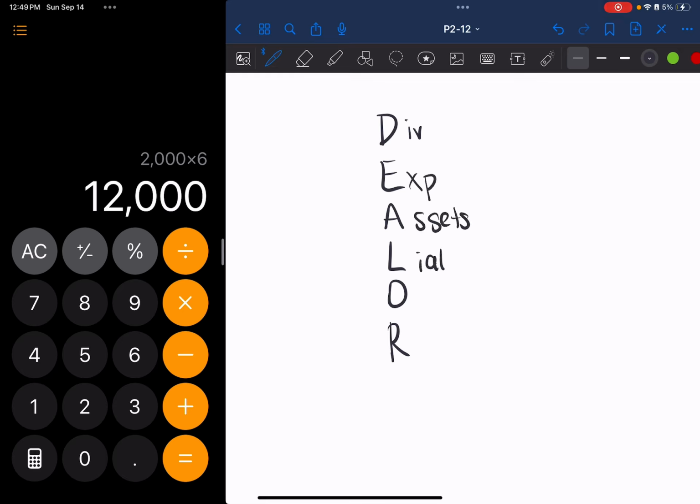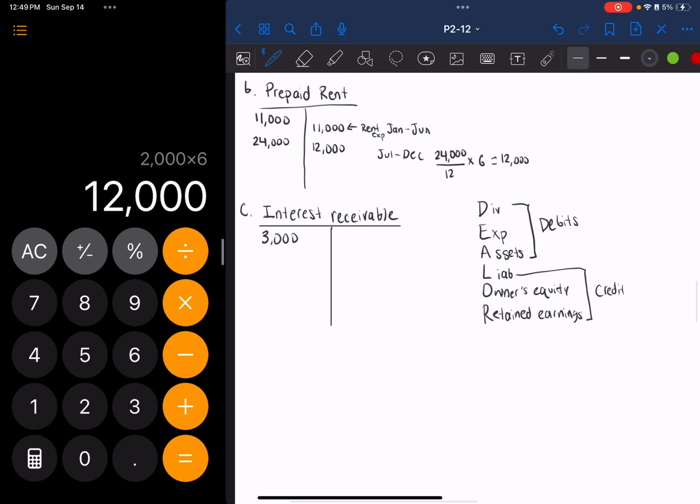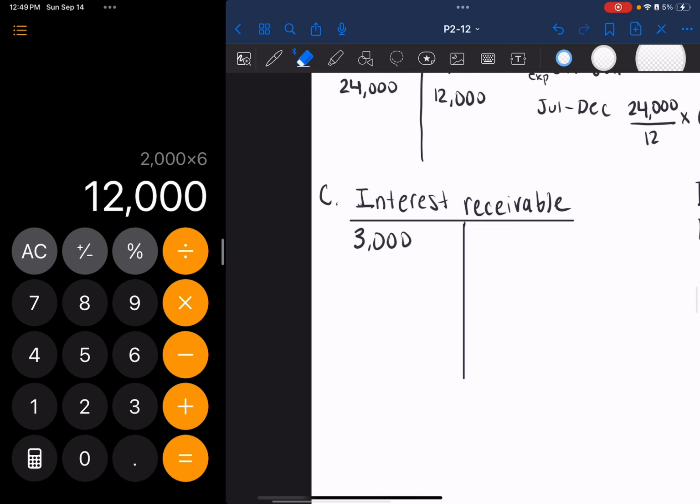And then there's liabilities, which I'm just shorthanding, owner's equity, or shareholders' equity, or just equity. People call it a lot of different things. And then retained earnings. I don't know if he's gone over this in class, but basically some people use this mnemonic to help when they're learning debits and credits. These normally have a debit balance unless they're a contra account, and then these normally have a credit balance. I used this mnemonic a lot when I was first learning, and now it's second nature.